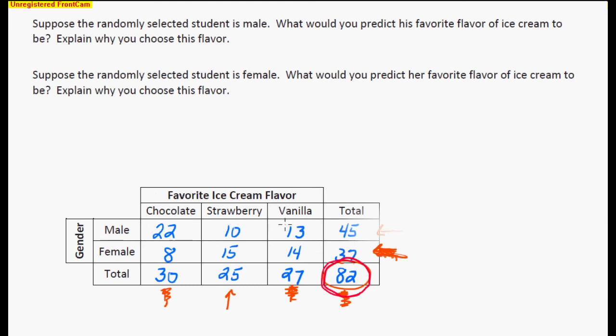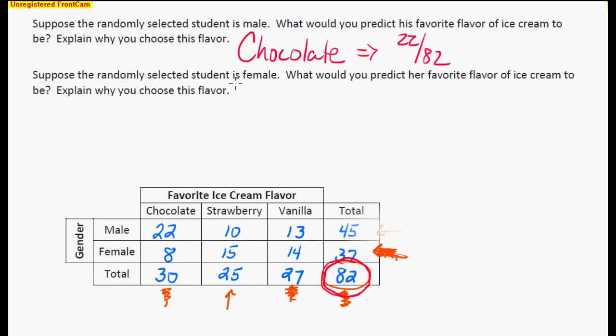Well, I would go right up here to males, and I would say, okay, well, where's the biggest number? Well, most of them picked chocolate. All right, 22, 10, and 13. Obviously, the biggest number is 22. So, again, chocolate is the winner because they have 22 out of 82. All right, picked chocolate, and we're males.